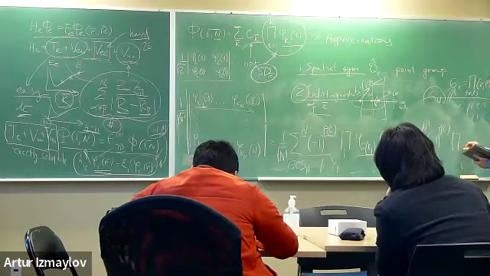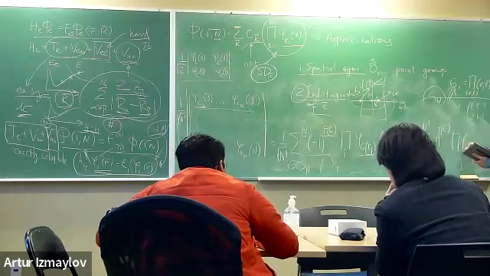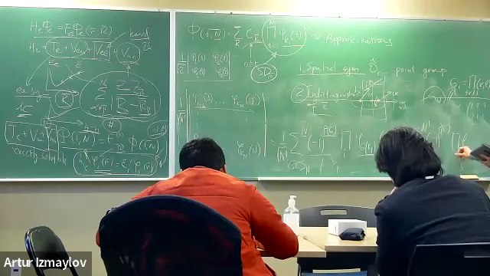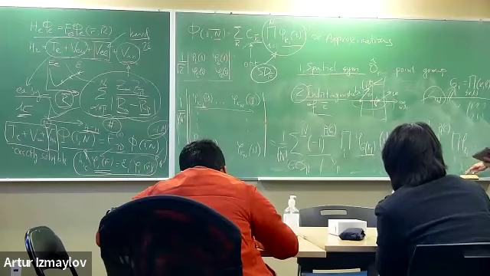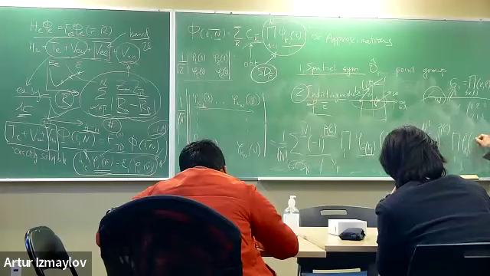Here in the product, we can write phi_k of r_sigma(k). We keep the indices just going in order, and then here we have our coordinates permuted.